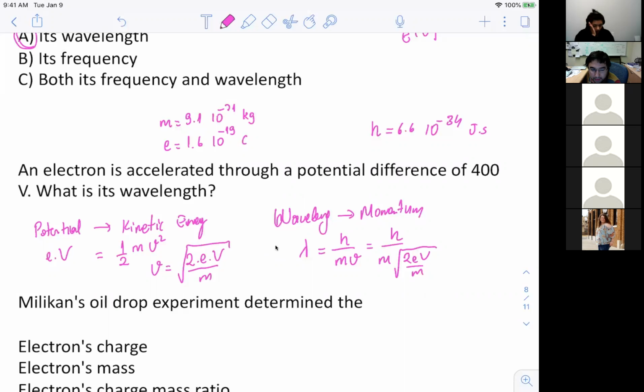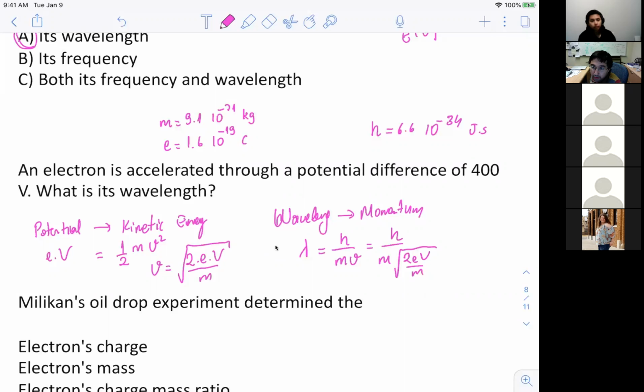Can you always set 1 electron volt to kinetic energy? So Emila asked, what does that mean? It's about units. Electron volt is always energy.